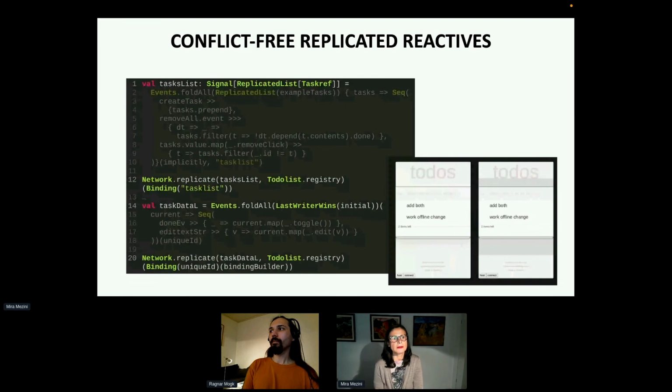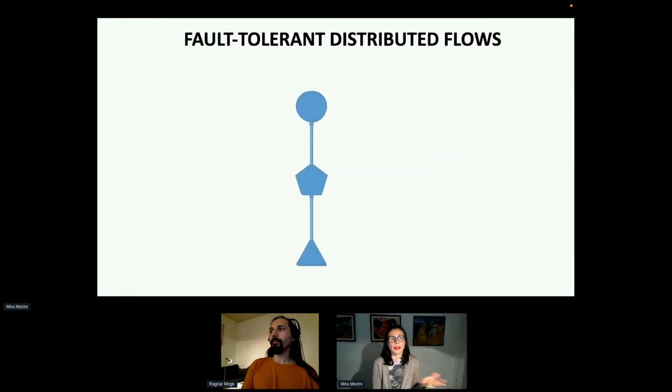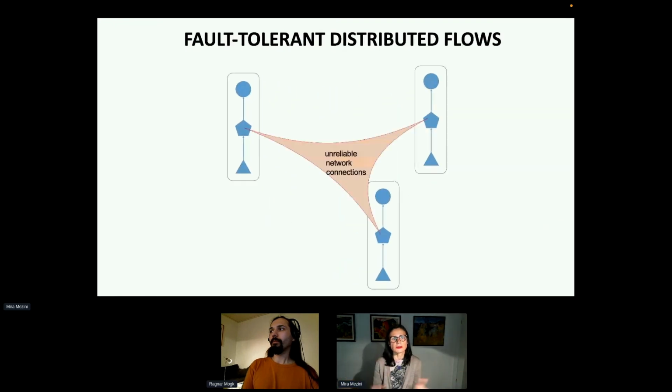Here is a snippet of the code for the shared to-do application, the one with multiple instances. The only difference is that we use things like a replicated list or last-writer-wins for implementing signals. What that means is that we end up with distributed reactive graphs, or dependency graphs, which are connected by replicated reactives, shown as pentagons in the slide.